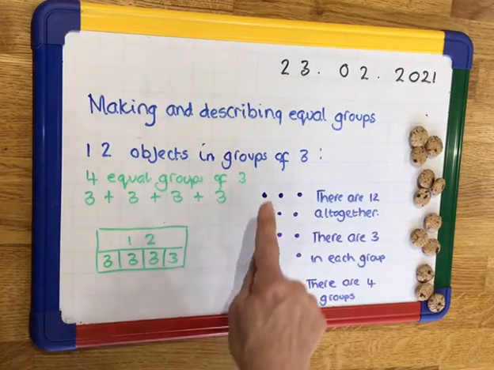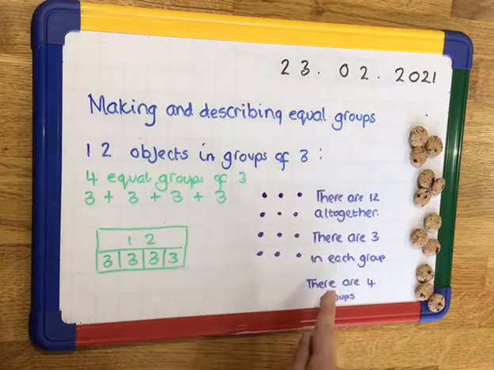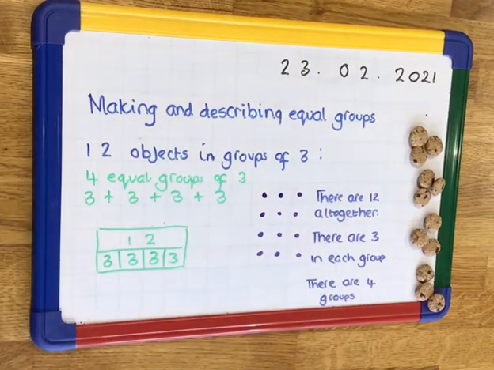I want you to show how many equal groups, as repeated addition, as a bar model, an array, and as a description. There is a template for you to use on our PDF file, and I can't wait to see what you do, children. I know that you'll be fantastic at this because you were so good at this when we looked at multiplication. If you're finding it a little bit tricky, then you can record as a repeated addition and just describe the groups. There are a couple of challenge questions if you want to have a go at them as well.